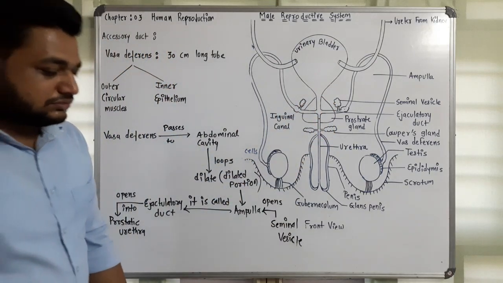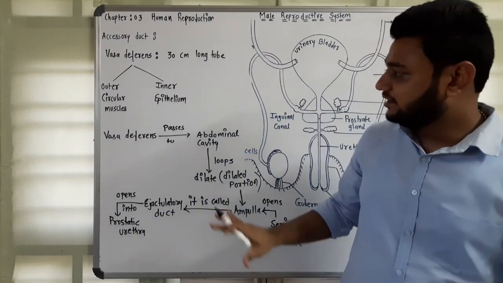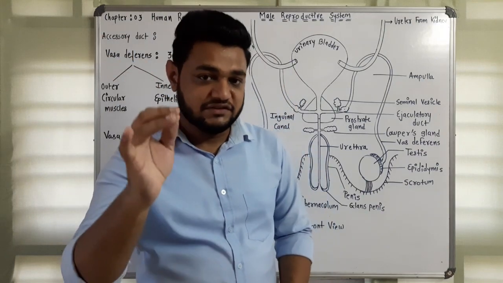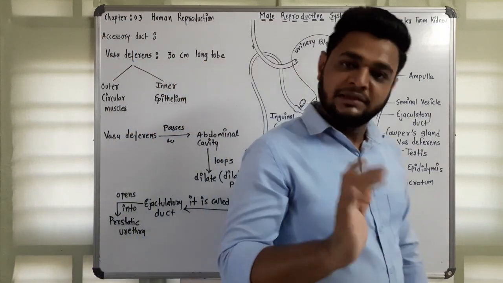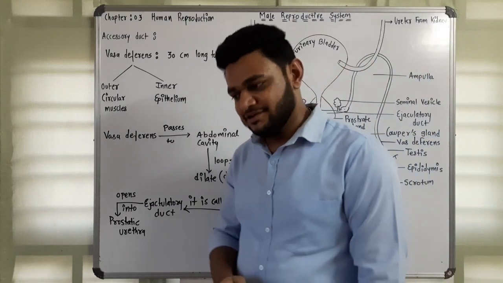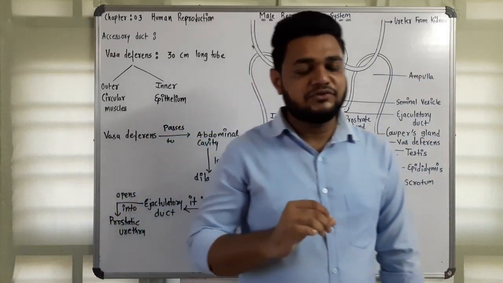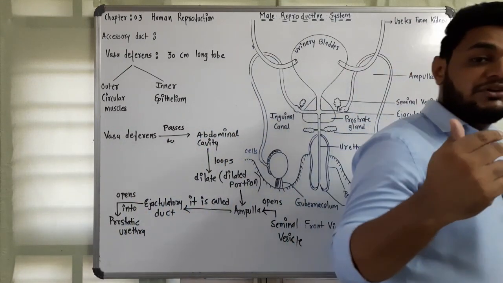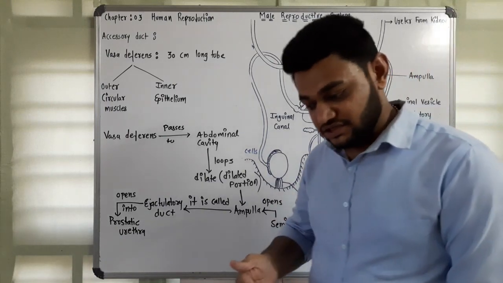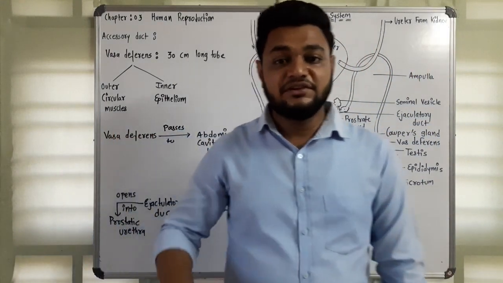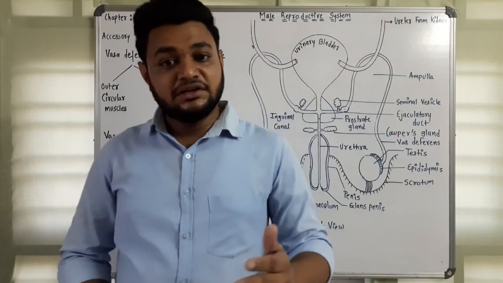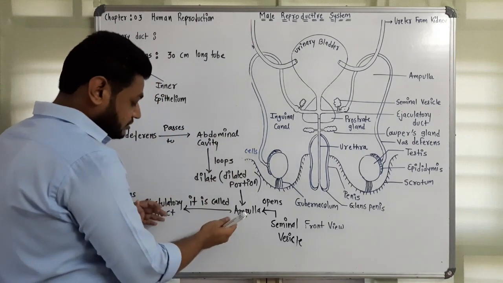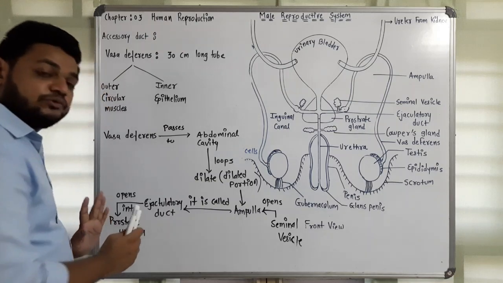Now let me explain the entire pathway. Sperm are produced by the germinal epithelium, the germ cells, which are cuboidal in nature. The sperm pass to the tubuli recti, to the rete testis, to the vasa efferentia, to the epididymis, to the vasa deferens, to the ejaculatory duct, and up to the prostatic urethra.